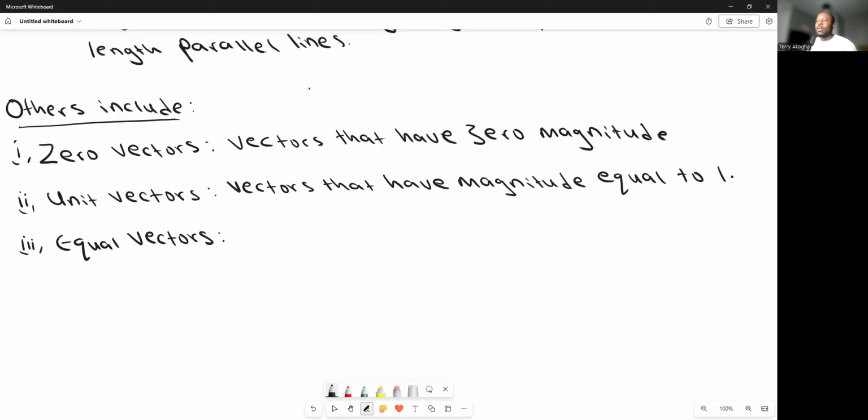We'll talk about that later. Two vectors are said to be equal if they have equal components.